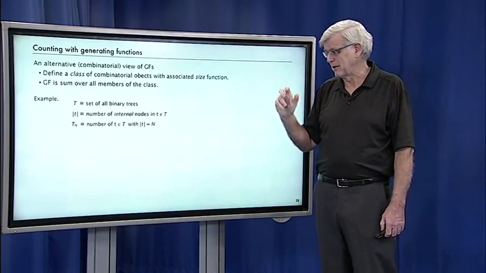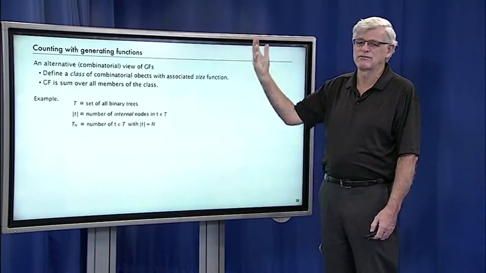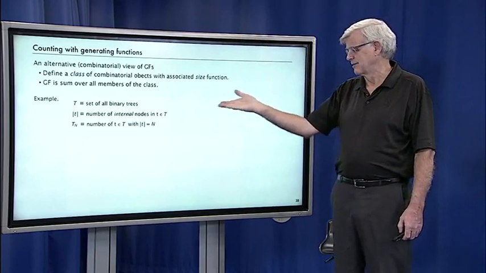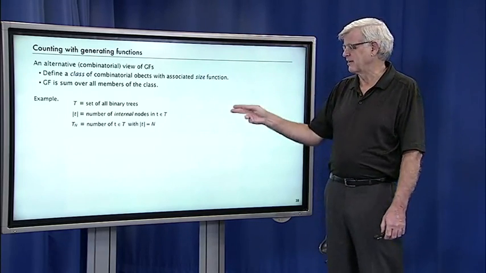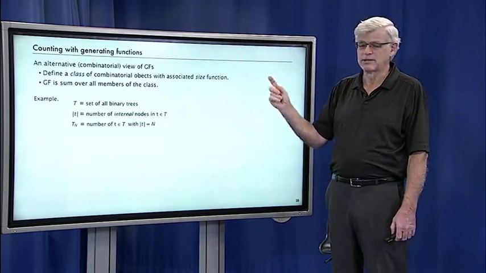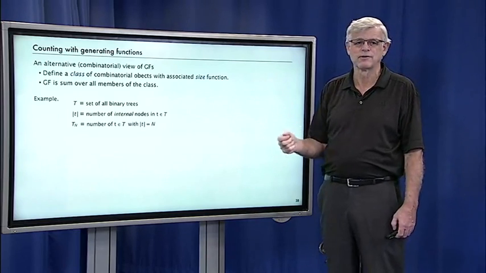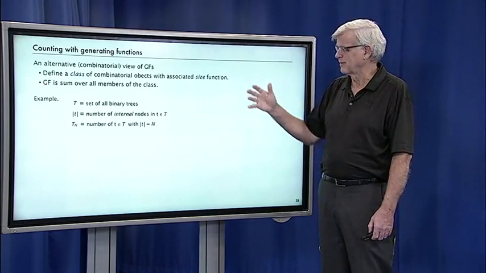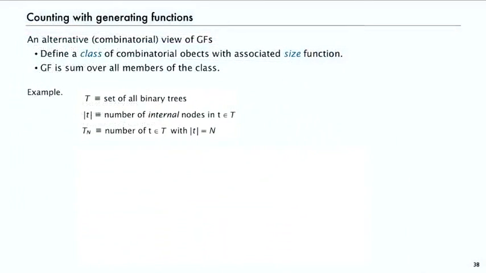It's the number of binary trees from the set of all binary trees that have size function equal to n. So that's the number of binary trees with n internal nodes. That's what we were counting before.